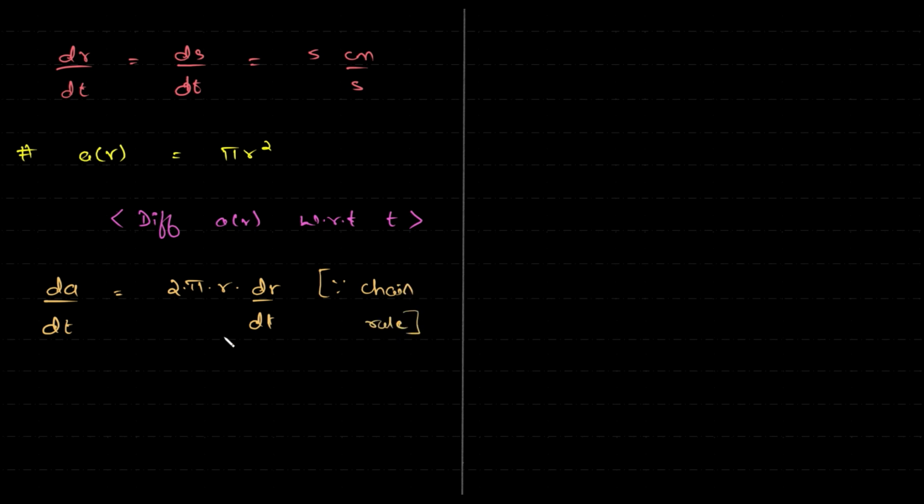Chain rule helps us to do this. All we have to do is substitute: dA by dt at r equal to 8 is equal to 2 into pi into 8 into 5. So this is basically 80 pi. Okay, the area unit is centimeter square in this case, and time is second. Again, if you guys don't write this, you're going to lose half marks.